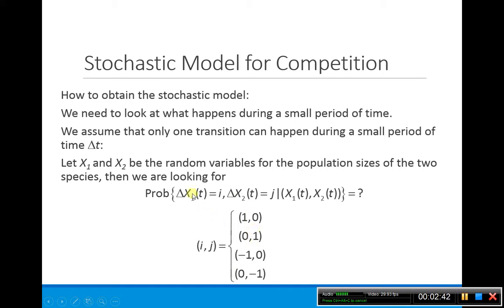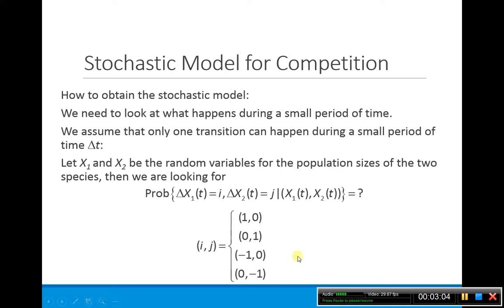Or I could decrease population 1 while x2 stays the same, or decrease population 2 while x1 stays the same. And of course, during that small increment of time you could stay at 0, and there's an infinitesimal chance of two things happening at once.